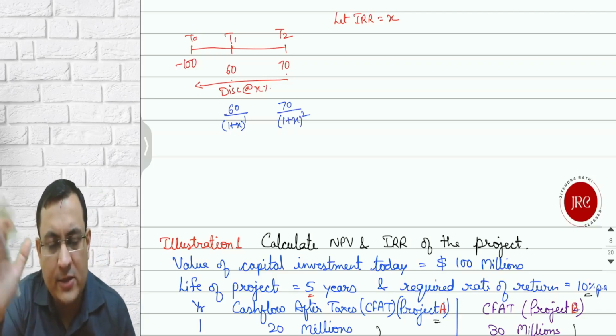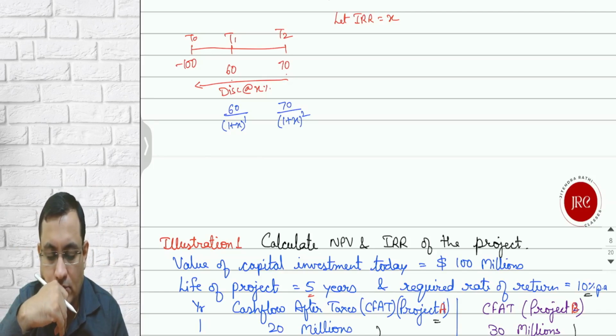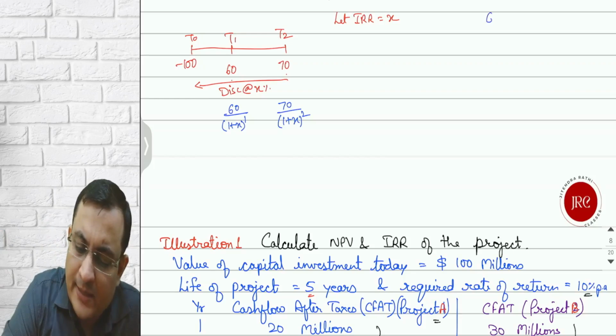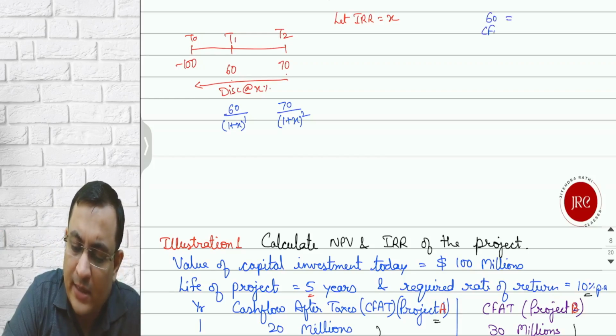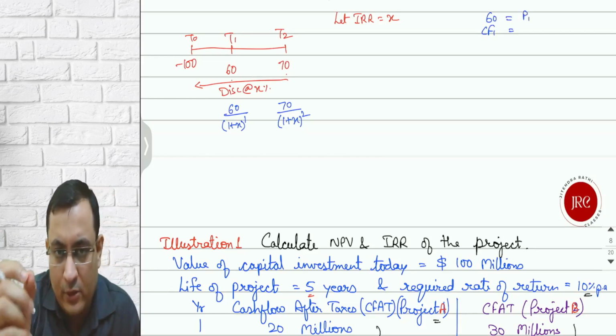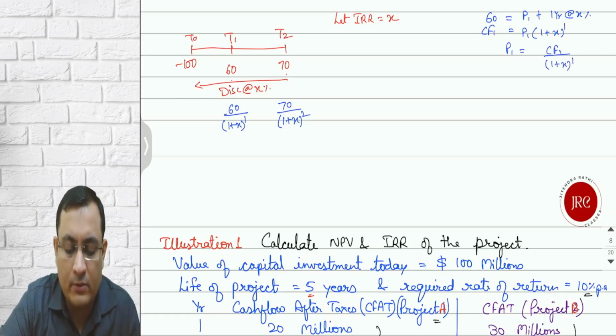Now X percent is already extracted as per the respective timing of the cash flow. So what is left? This 60 rupees, CF1, is inclusive of some part of principal P1, some part of principal is returning, and 1 year return is coming at the rate X percent. So CF1 is equal to P1 times (1 plus X) to the power 1. If I want to find out P1, it is CF1 upon (1 plus X) to the power 1, which I have already done.